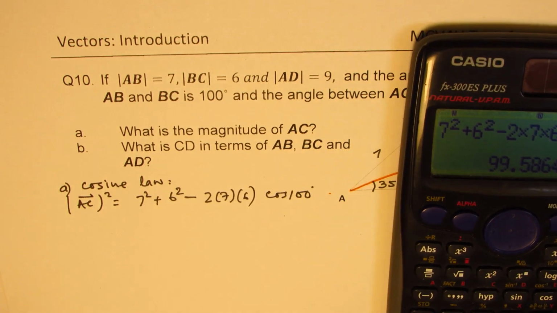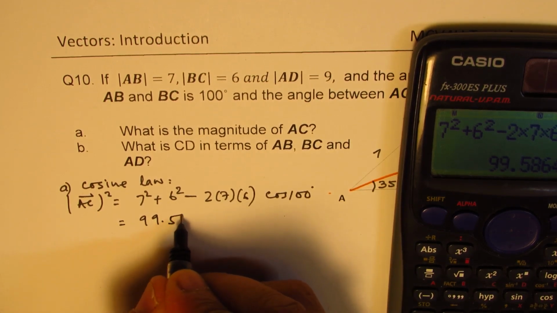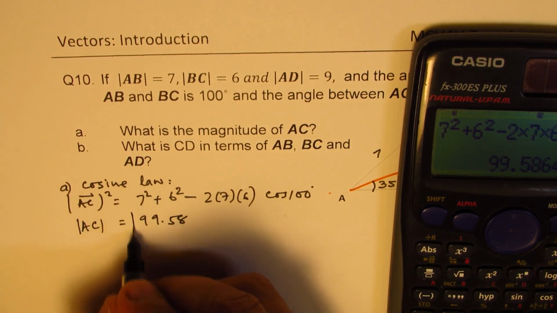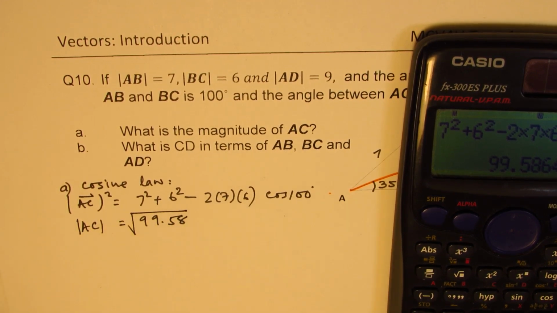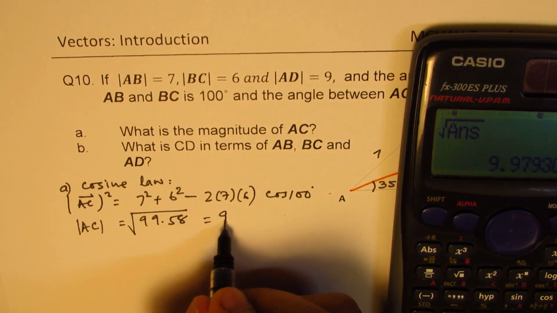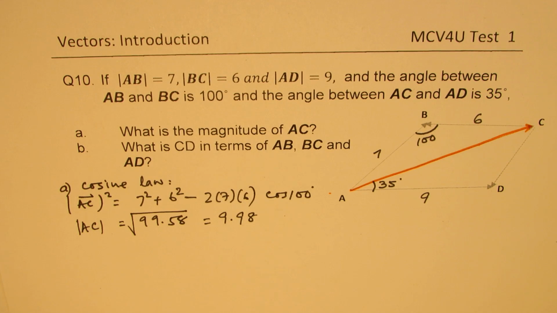That is 99.58. So the magnitude of AC will be square root of this. Our answer is 9.979, so we can write this as 9.98. So 9.98 units is AC.